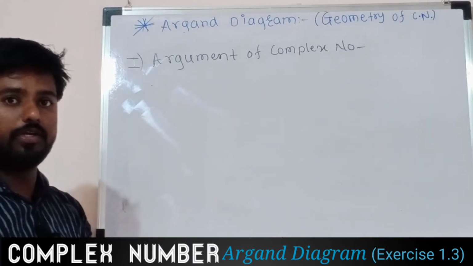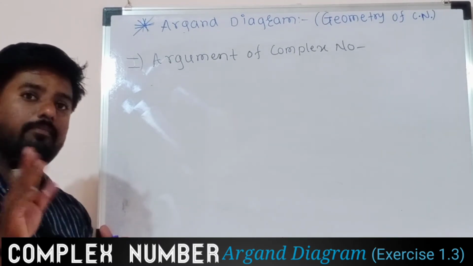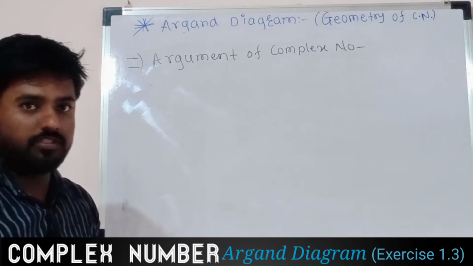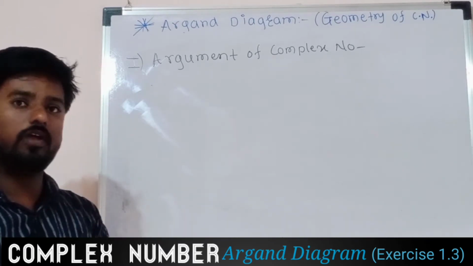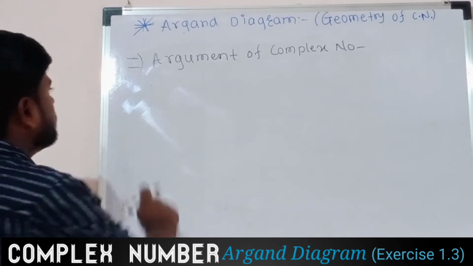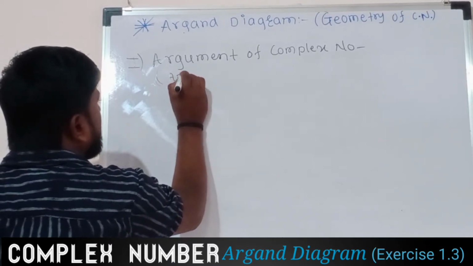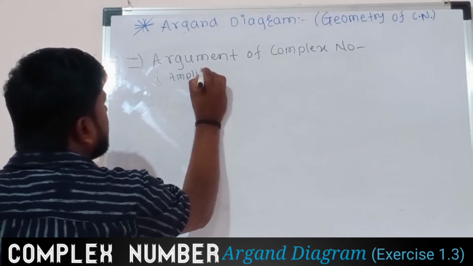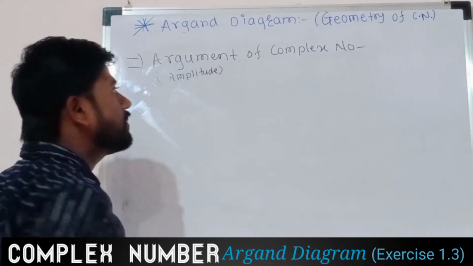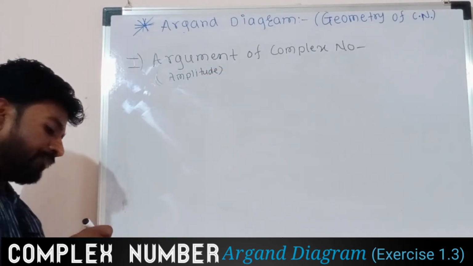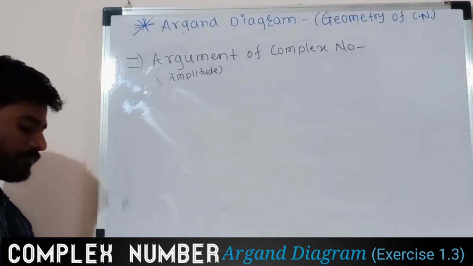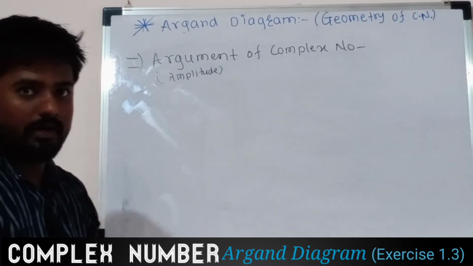Argument means amplitude. If you want to find the argument, that means you have to find the amplitude. So argument and amplitude are the same terms. I will write amplitude in brackets.